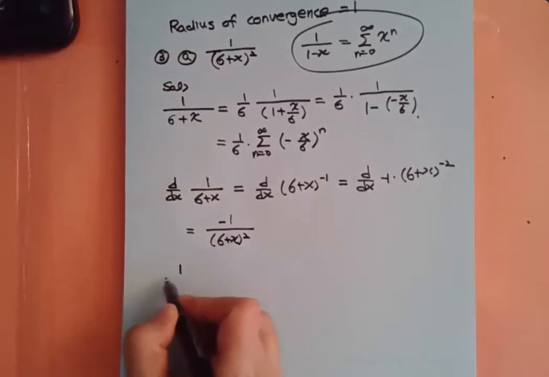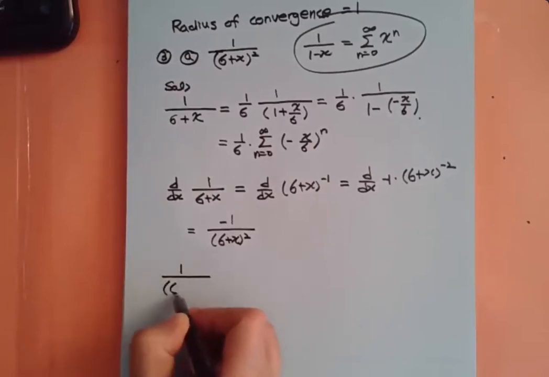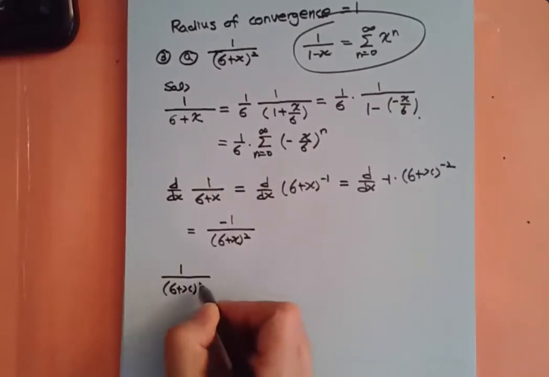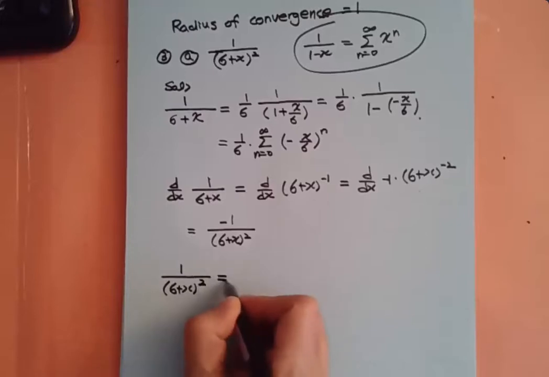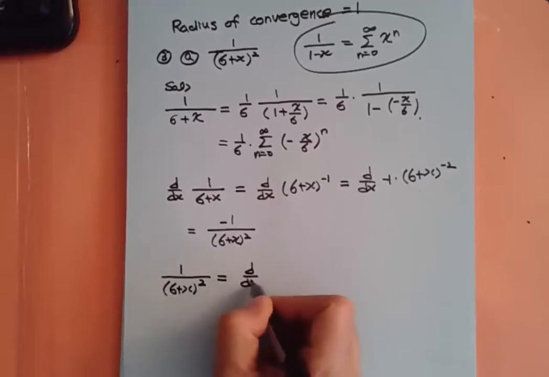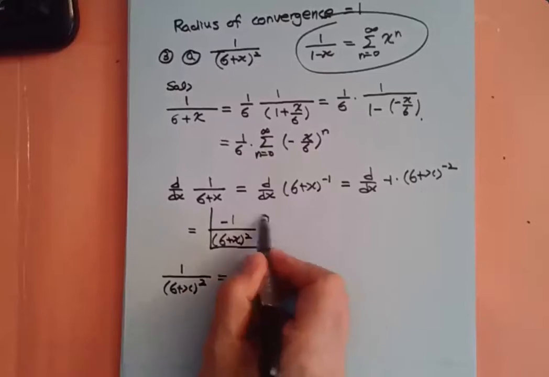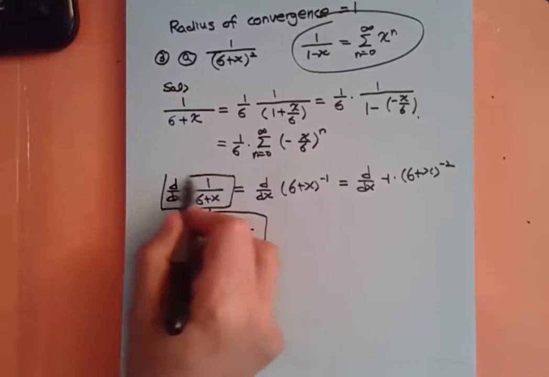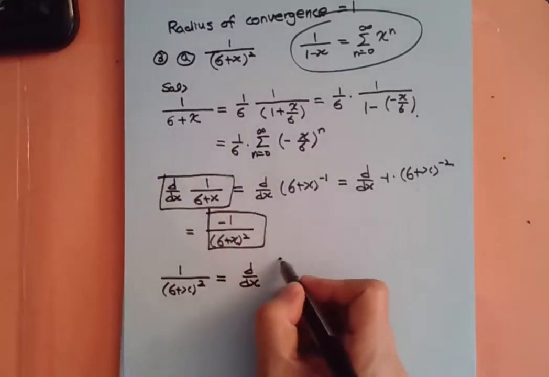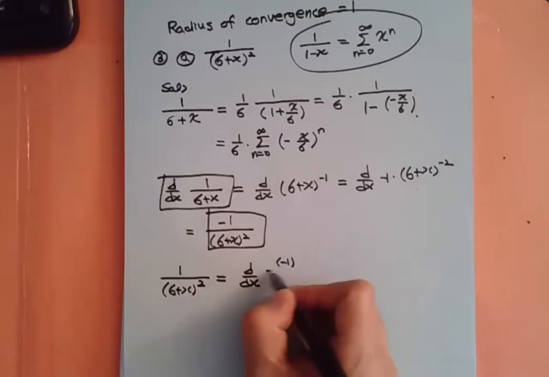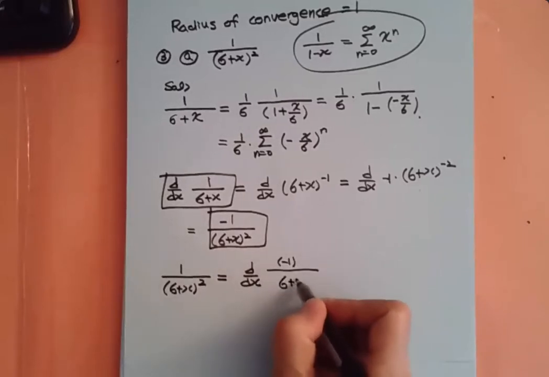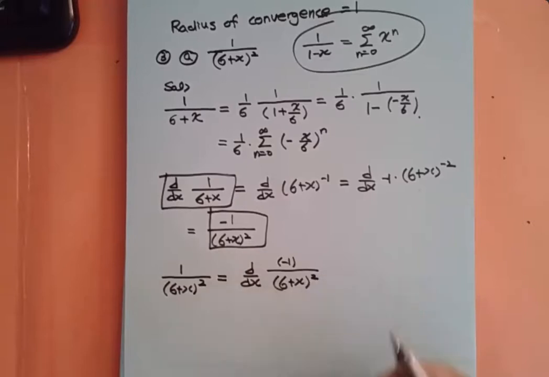So when we write 1 over 6 plus x squared, that is d/dx, we multiply negative 1 here and negative 1 here. So d/dx of negative 1 over 6 plus x squared.